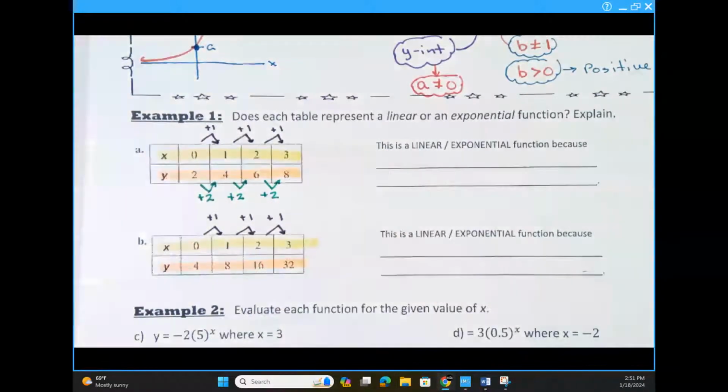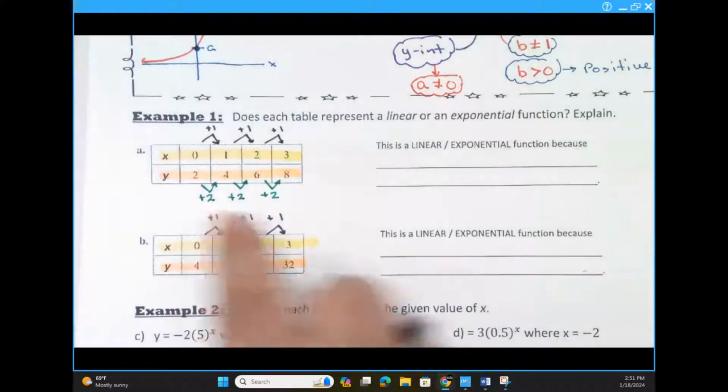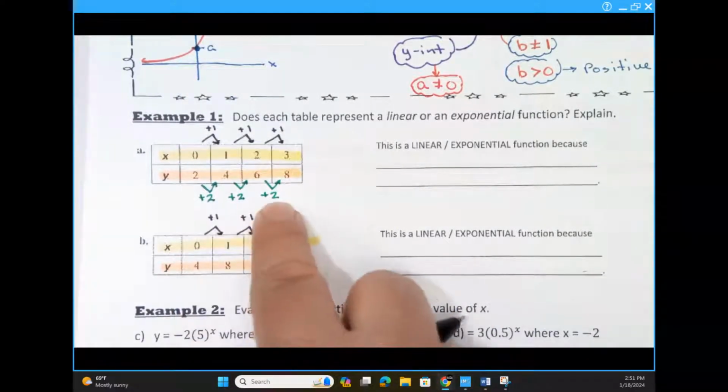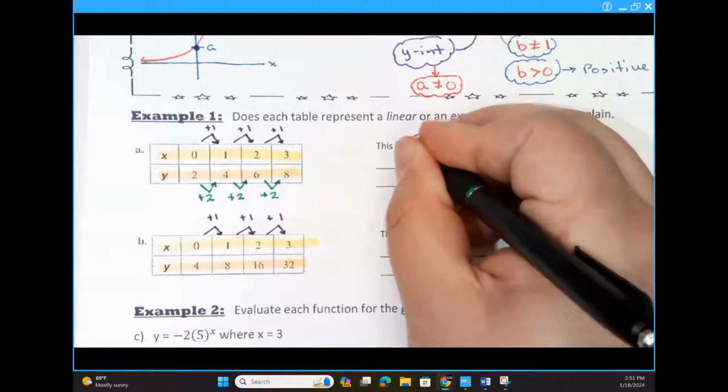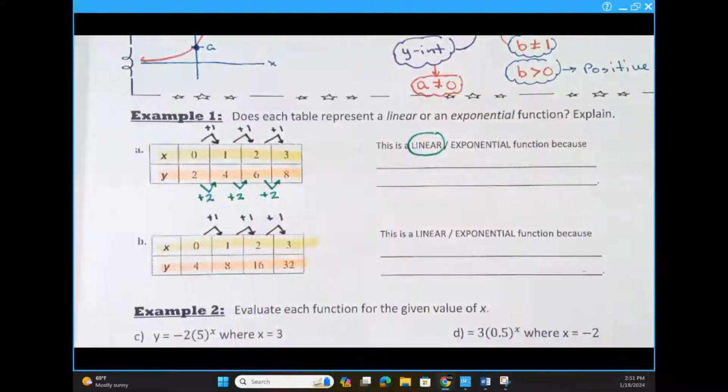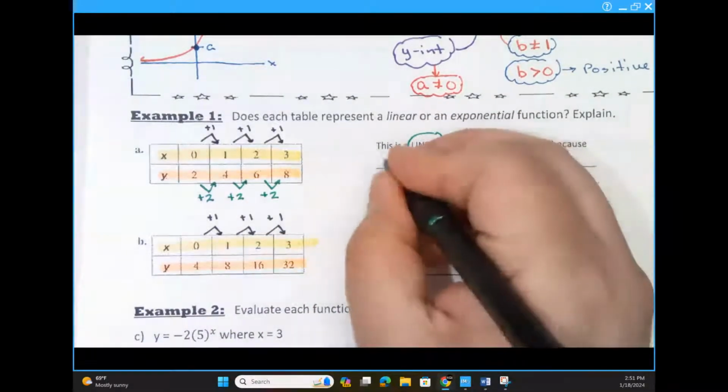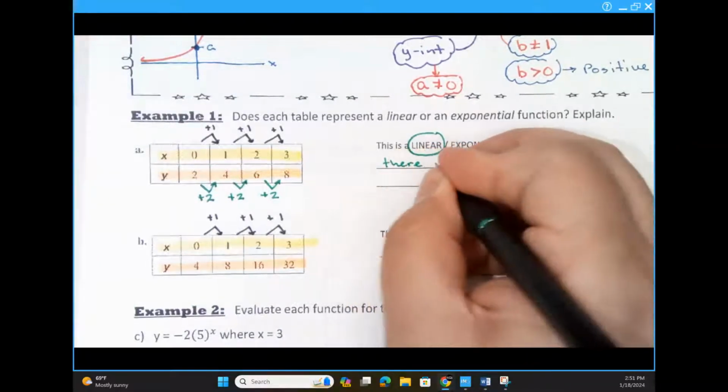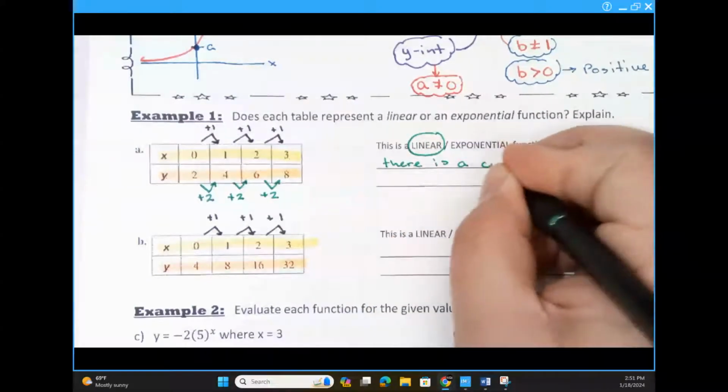All right, well, there it is. It's very consistent now. So because it is constant, right? You're adding here, according to the word wall then, this is a linear function. And I'm going to say there is a constant rate.